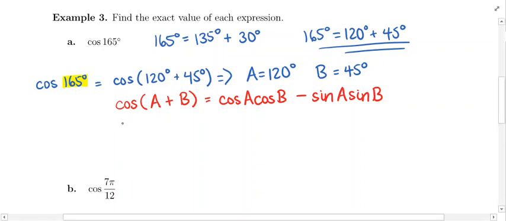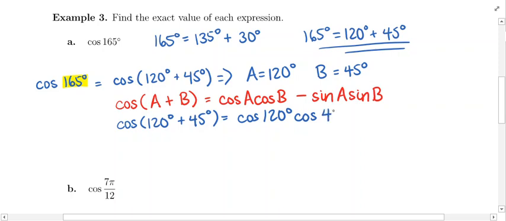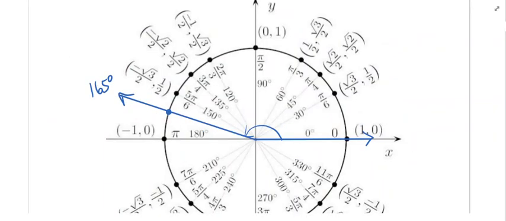So let's try it. The cosine of 120 degrees plus 45 degrees is equal to the cosine of 120 degrees times the cosine of 45 degrees minus the sine of 120 degrees times the sine of 45 degrees. Now we just need to plug in these values. So I'm going to go to the unit circle. Do this if you need to.